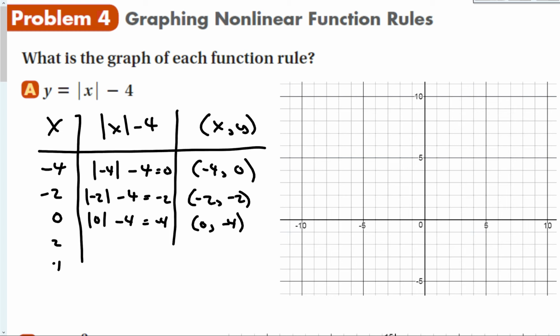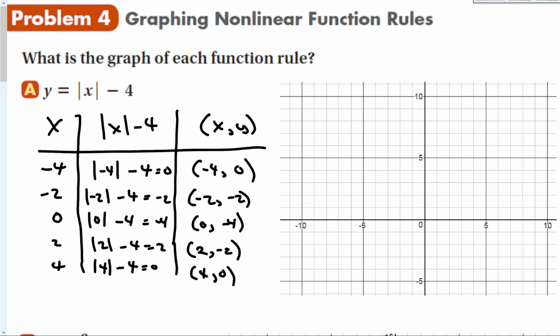Let's plug in 2 and then plug in 4. So the absolute value of 2 minus 4 gives me -2 again, which is okay. So 2, -2. And finally, absolute value of 4 is 4, minus 4 gives me 0.